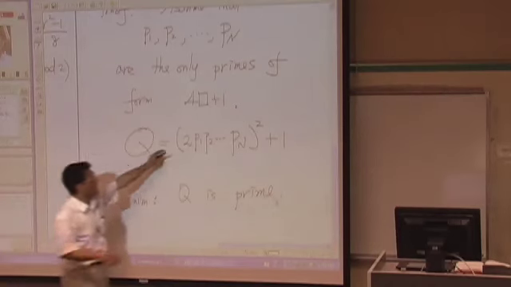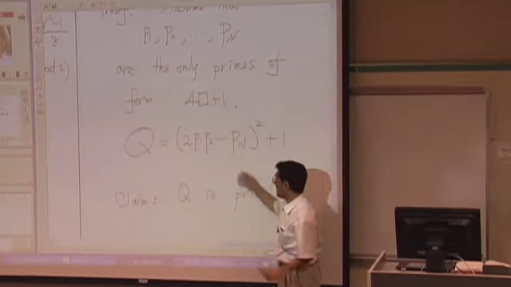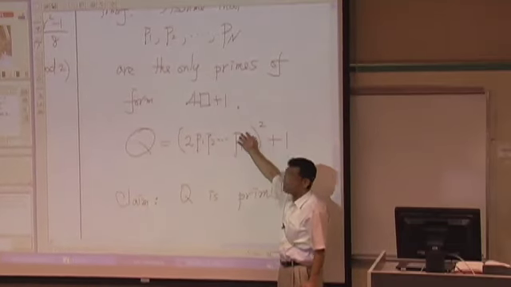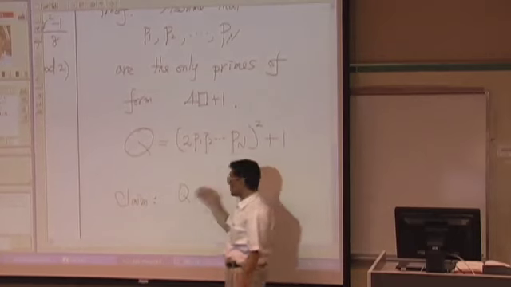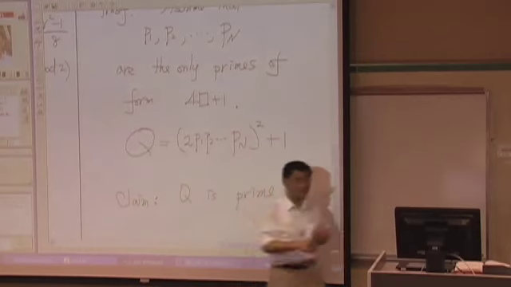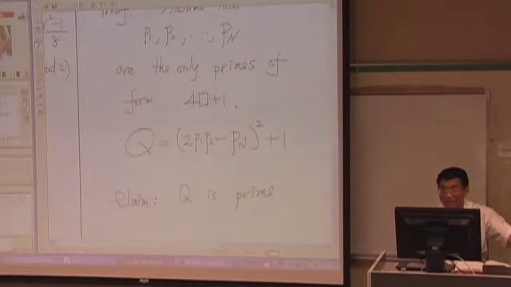Q is of the pattern 4 times some number plus 1, right? In other words, I create a prime that doesn't belong to the set. That's what I want to do. So instead of claiming it, I will contradict my claim. In other words, I will assume that Q is not prime.